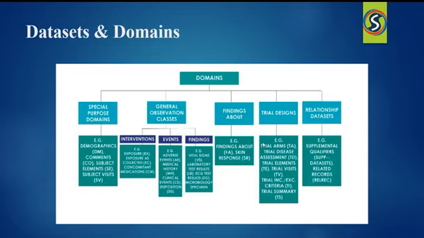Next we have your findings general observation class, where you can find your drug accountability, death details, ECG test results, inclusion or exclusion criteria when it is not met, and immunogenicity specimen assessment, laboratory test results, microbiology specimen, microscopic findings, morphology, microbiology susceptibility test, PK concentrations, PK parameters, physical examination, questionnaires, reproductive system findings, disease response, characteristics of your subjects, that is subject characteristics and subject status, tumor identification, tumor results, vital signs, findings about.